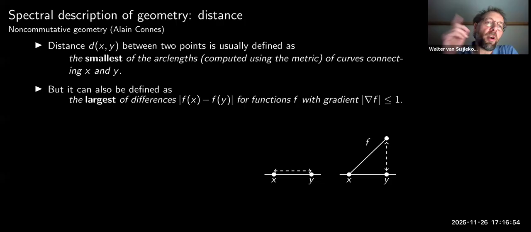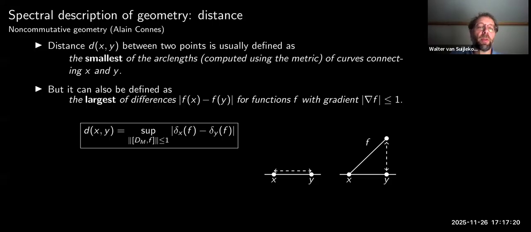You could also take the largest of differences in function values, where, well, this picture illustrates it, instead of taking the smallest distance between x and y, you take f of x minus f of y, their difference, and you take the largest of those for functions with the gradient smaller or equal to 1. And then you get the same function, and in fact, you can show that this distance between 2 points can be nicely captured as the supremum over those functions with this gradient condition.